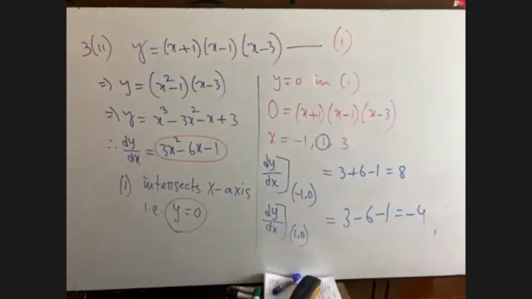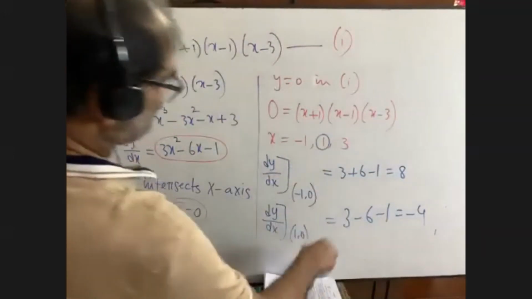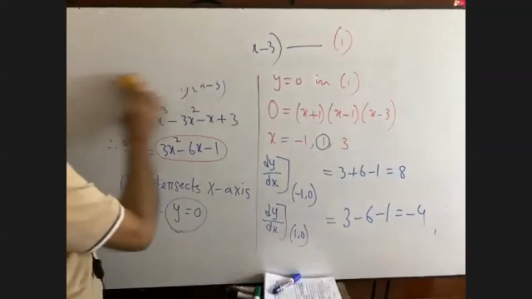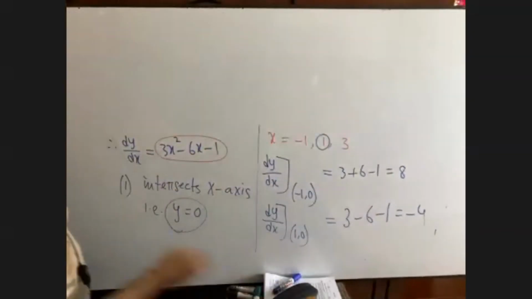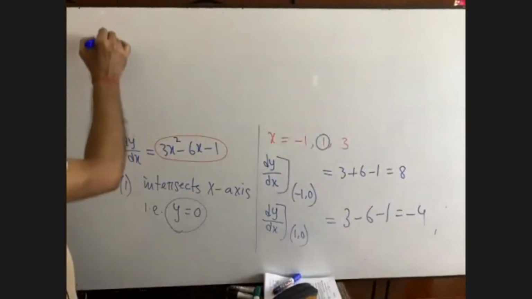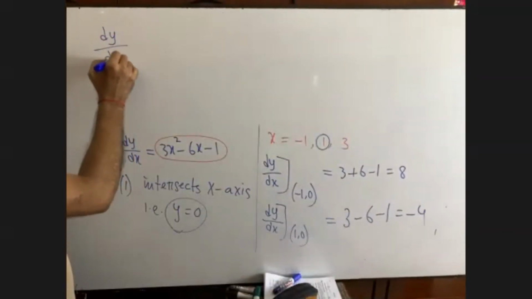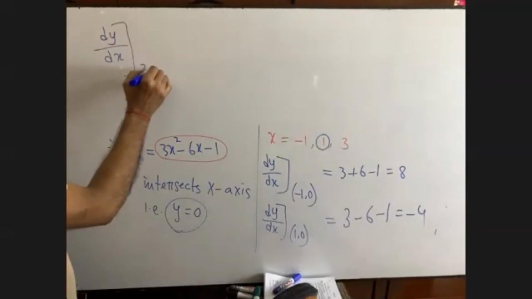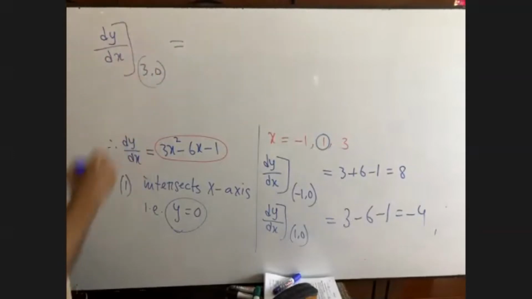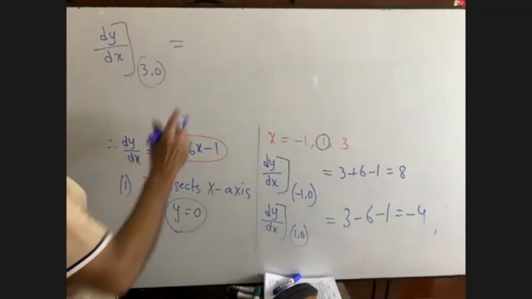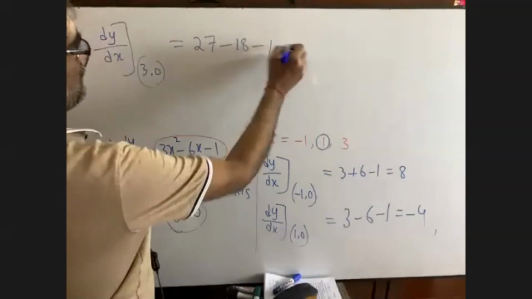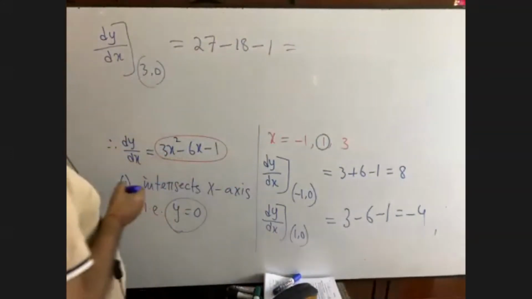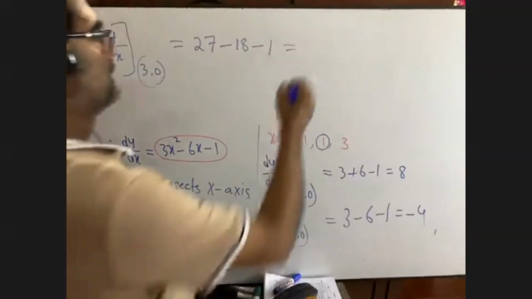Okay. Now find dy by dx at 3 comma 0. What is the result? 3 threes are 9, 27 minus 18 minus 1 equals to what? 27 minus 19 equals to 8.